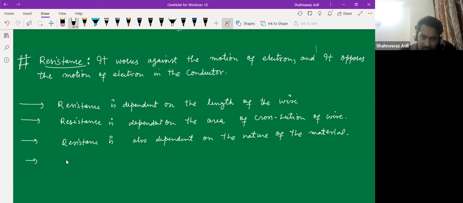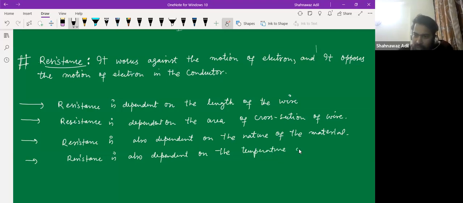And it is also dependent on the temperature of the surrounding or temperature of the wire. Right. So these are the parameters on which the resistance is dependent upon.